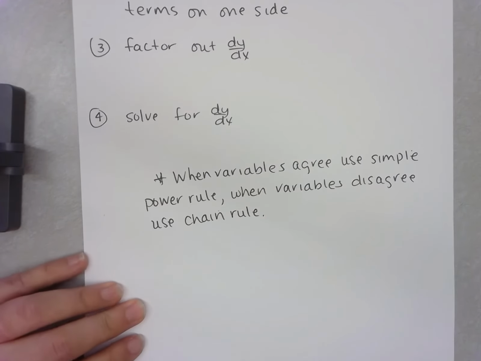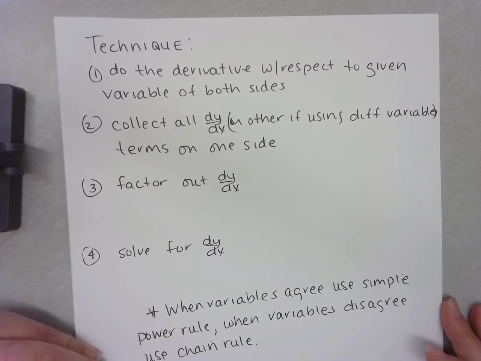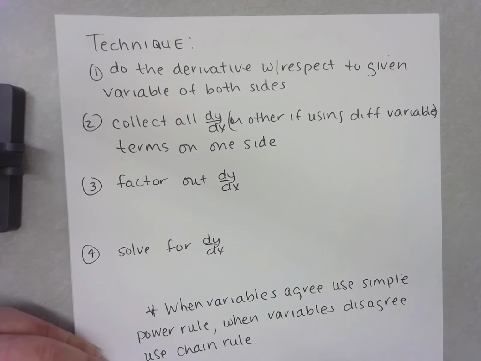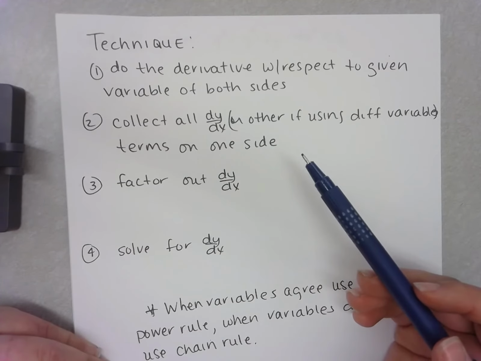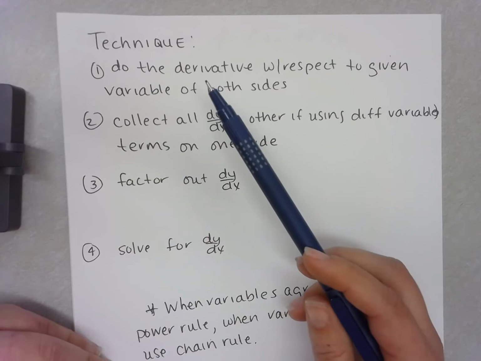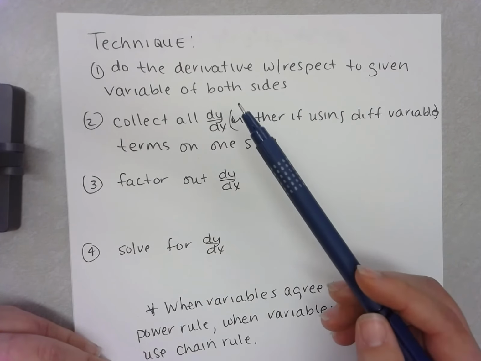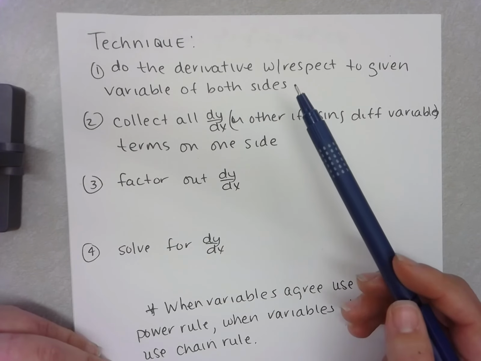There's a technique. What we just did was the derivative of a couple of terms. When we're doing the derivative and we want to find dy/dx for a given equation, this is our step-by-step process. We do the derivative with respect to the given variable of both sides, right? It's usually x, so we are going to do the derivative with respect to x.